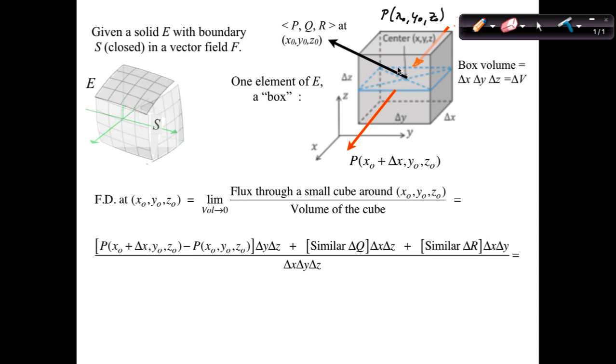I'm looking at the x component. It's going to be the area, delta y delta z, times the change in P. So the change in this orange vector times delta y delta z would be that component of the flux. And then you have similar components of the flux in the y direction and in the z direction, all over the volume of the cube.